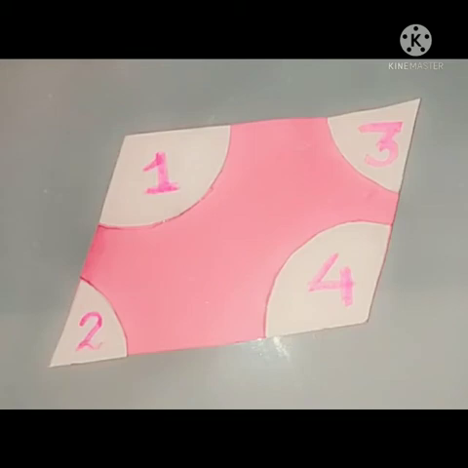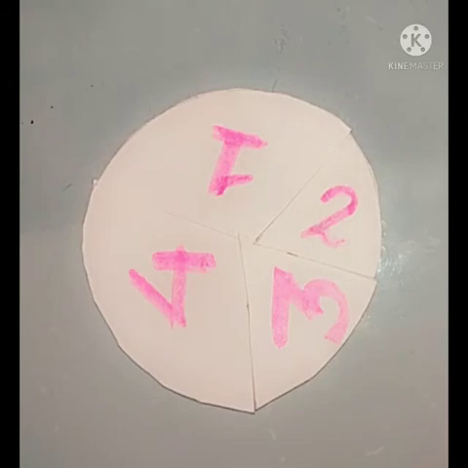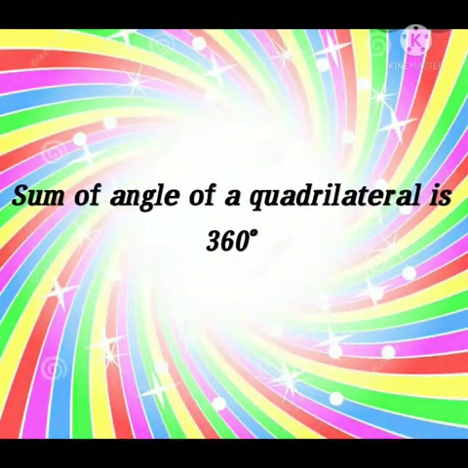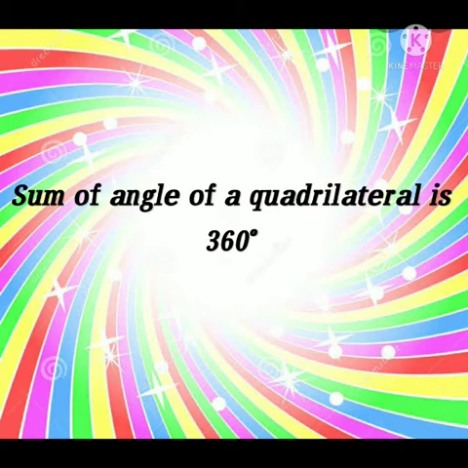After that, I tried to make a circle with those sectors by joining them. And I observed that I can make a circle with those sectors. By performing this activity, we have proved that the sum of the angles of a quadrilateral is 360 degrees.